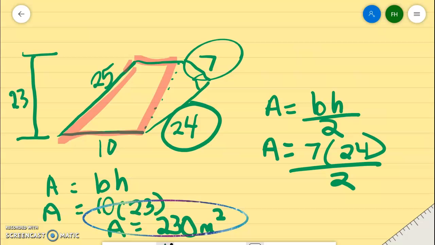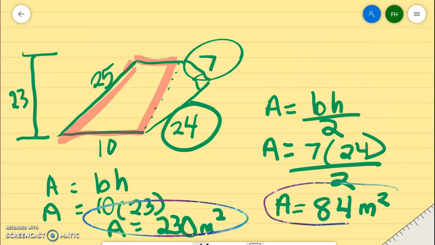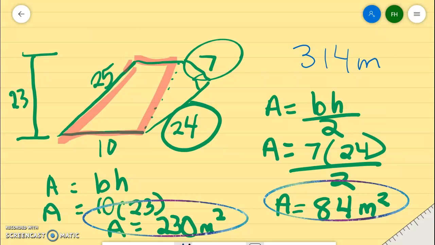So that would be 168 divided by 2. So the area of the triangle is 84 square meters. Now we take the area of the triangle and the area of the parallelogram, and if you add those two together, you would get 314 square meters, and that would be the answer to this problem.